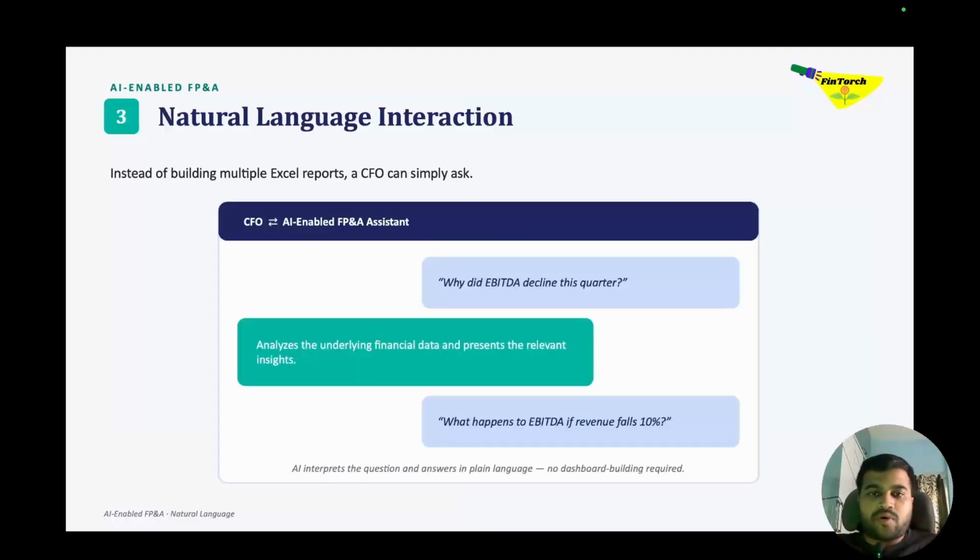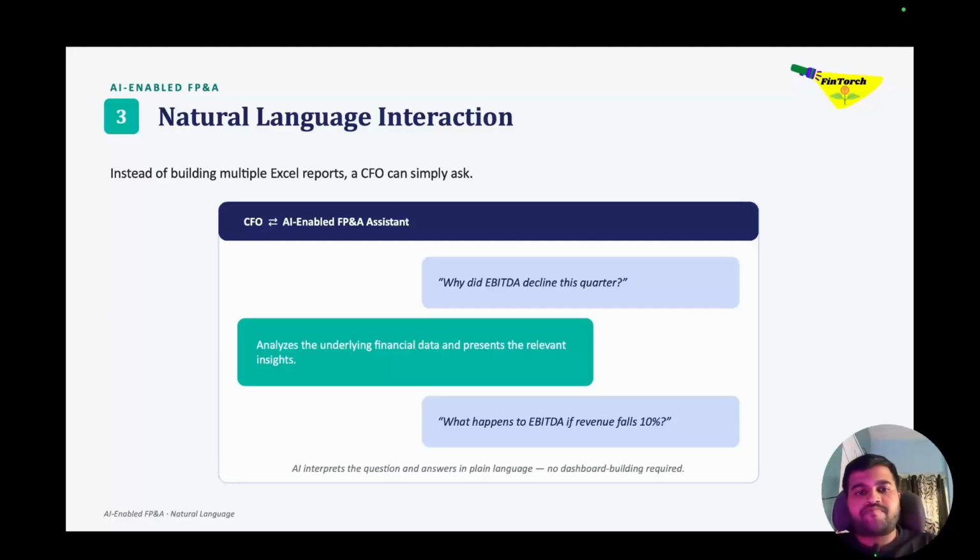Now moving on to our third use case, natural language interaction. Instead of building multiple Excel reports, a CFO can now simply pick up the phone and ask an AI enabled FP&A assistant why EBITDA declined this quarter.